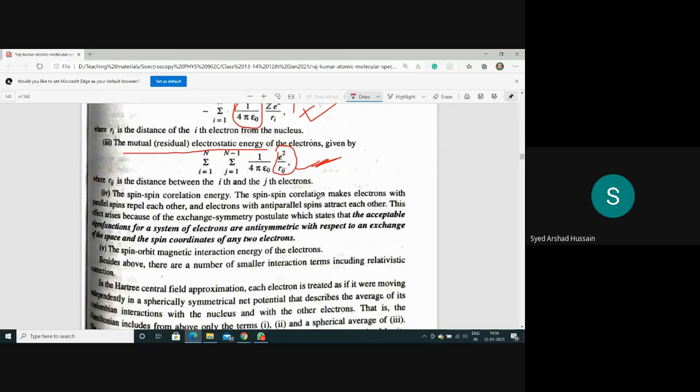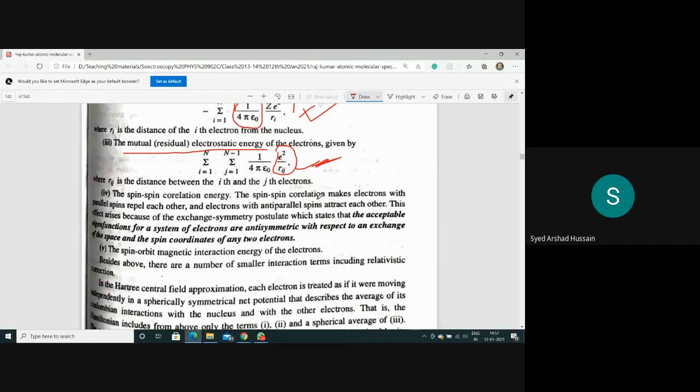If you want to analyze one electron, then according to this approximation, the total interaction between the nucleus and the remaining 9 electrons is considered. If there is a total of n units of interactions, then divided by 9, this is the average Coulombian potential. Under this potential, you will analyze the motion of your selected electron. So this is central field approximation.